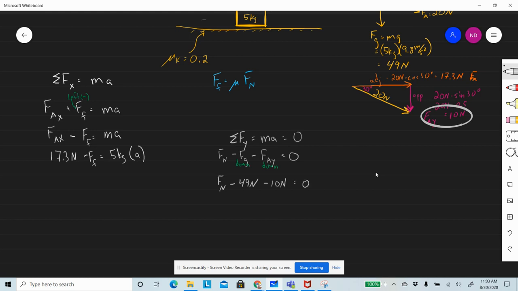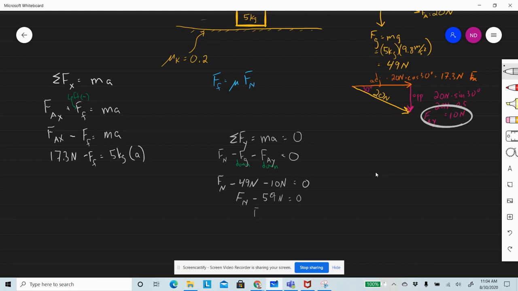So the normal force minus 49 minus 10, which is minus 59 newtons, equals 0.